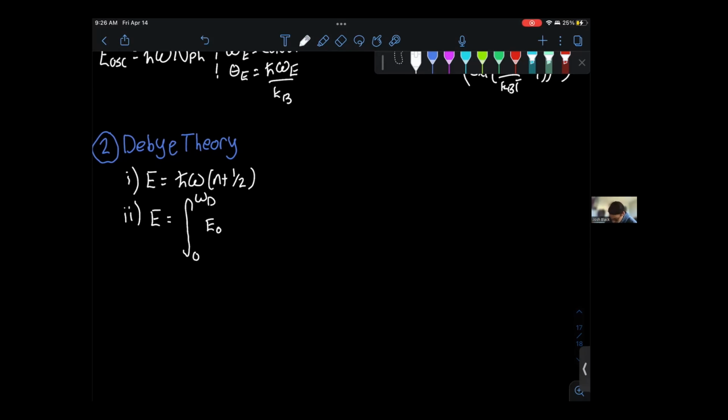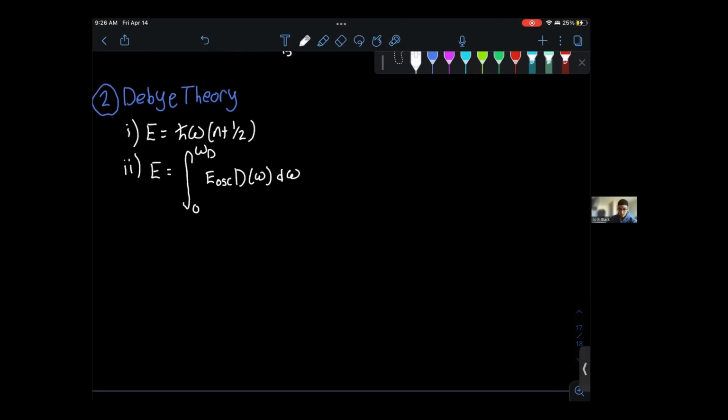And that's equal to the energy of oscillation times the density of our phonon modes, which are the different frequencies it can be, d omega. We also have this new term now called the Debye temperature. This is the temperature where the maximum frequency is.